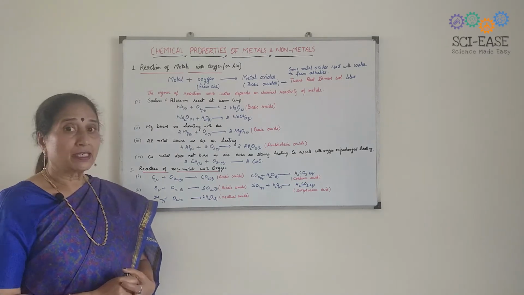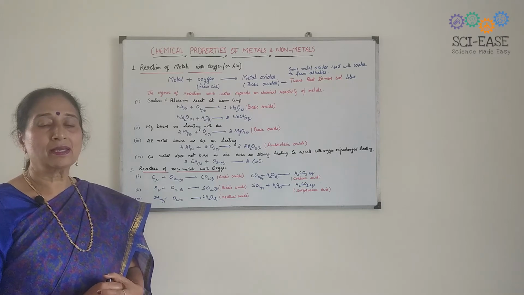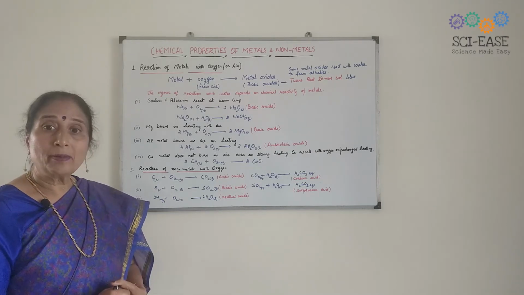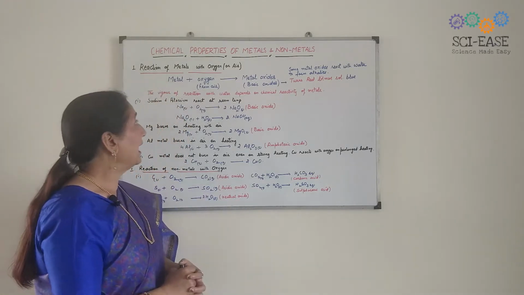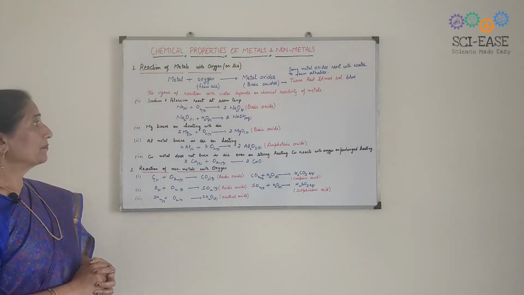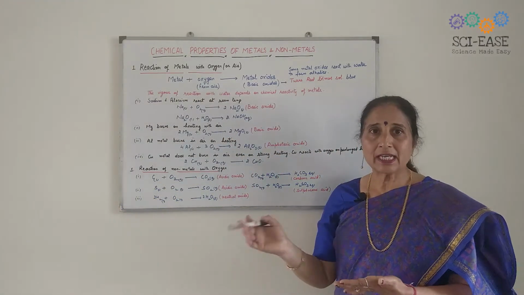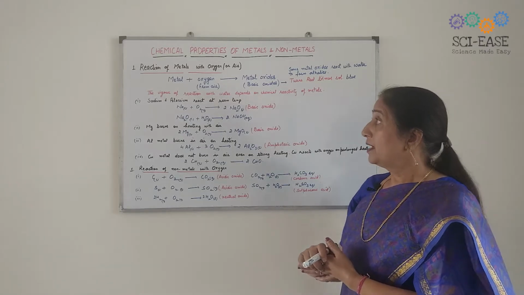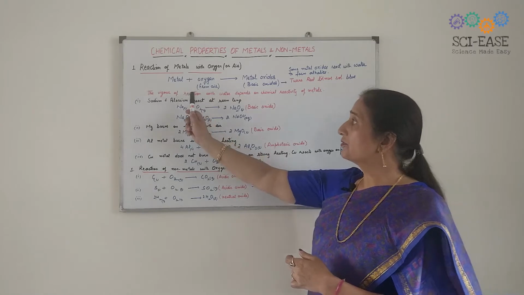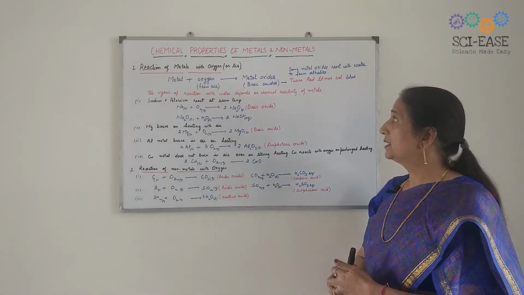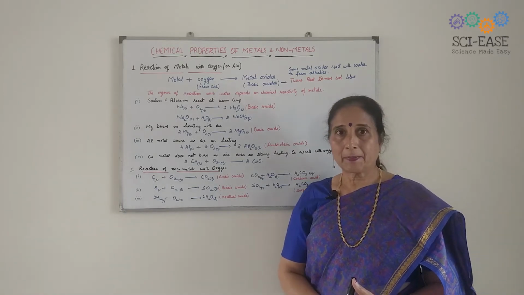Some metal oxides, not most of them, but some, are soluble in water and result in the formation of alkalis. That is, they will result in the formation of hydroxides. I will tell you later on. Now, one thing you must know: the vigor of the reaction depends upon the chemical reactivity of metals.